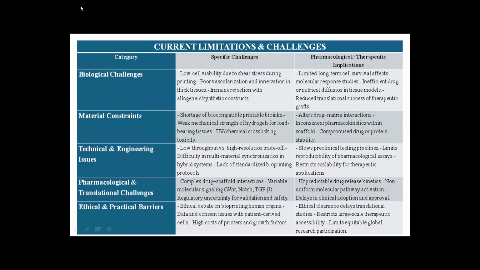Hello. Now we request sir to please ask the question. Tushar, I have one question. Yes, sir. Is there any marketed drug which is produced by your 3D printing mechanism? Yes, sir.